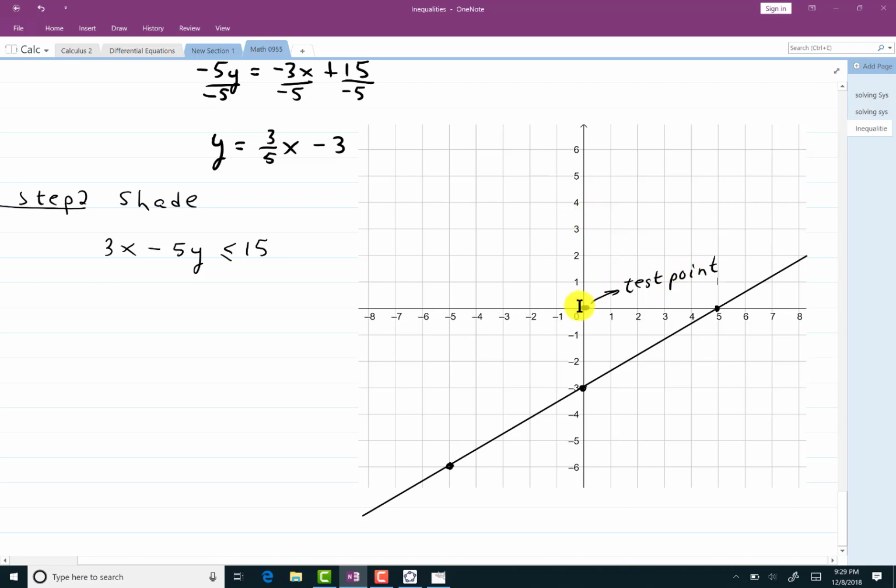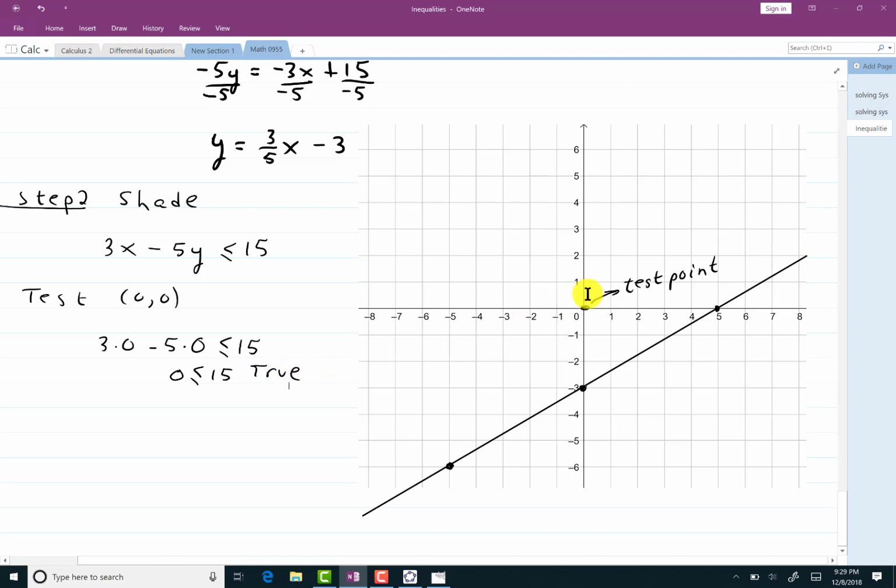Let me go ahead and plug 0, 0 in. So I'll replace x with 0 and y with 0. So I'll get 3 times 0 minus 5 times 0 is less than or equal to 15. I'll get 0 is less than or equal to 15. This is true.